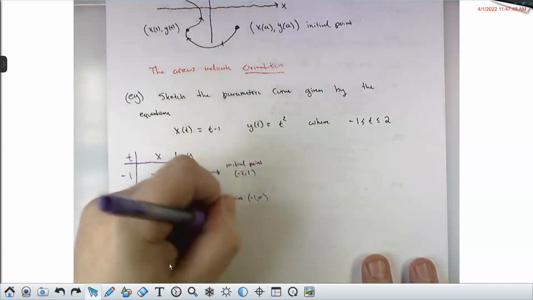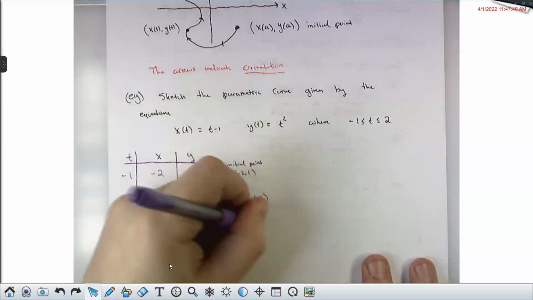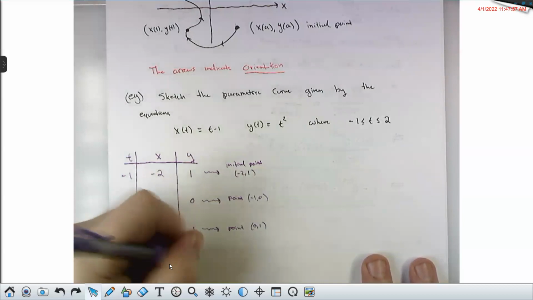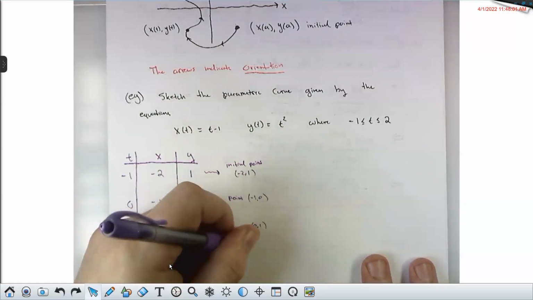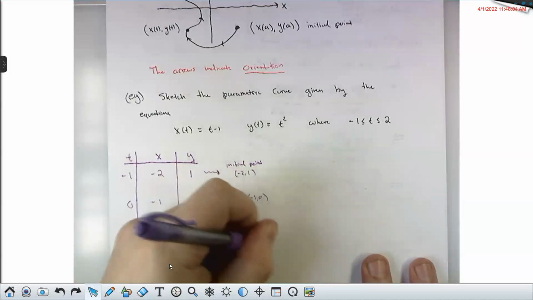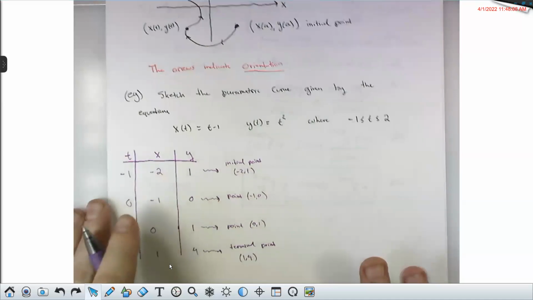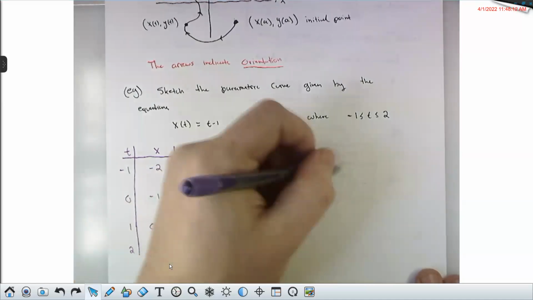So I have this point 0, 1 on the graph. And when T is equal to 2, X of T is 2 minus 1 is 1, and Y of T is 2 squared, which is 4. And this would be my terminal point, 1, 4. So basically, I've got some points on the graph. Let's plot those points.